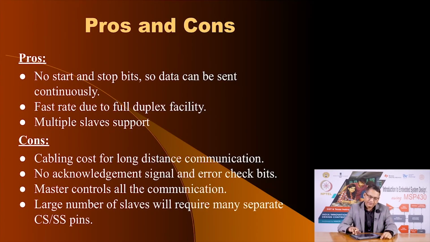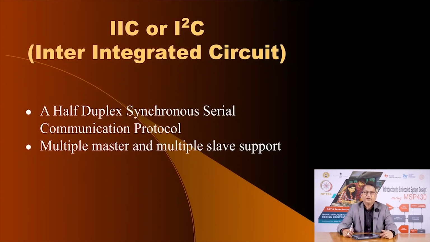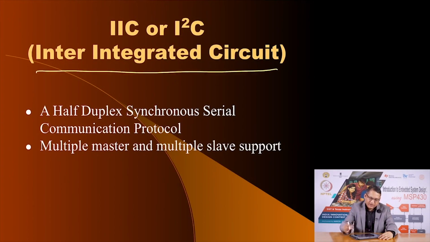That is the only disadvantage of this method. The third method of communication that MSP430 offers is called inter-IC communication. As you see here, it is called I2C. It is a half duplex communication protocol, and you can connect multiple slaves to the microcontroller, up to 7 additional devices. That is the beauty of this protocol.